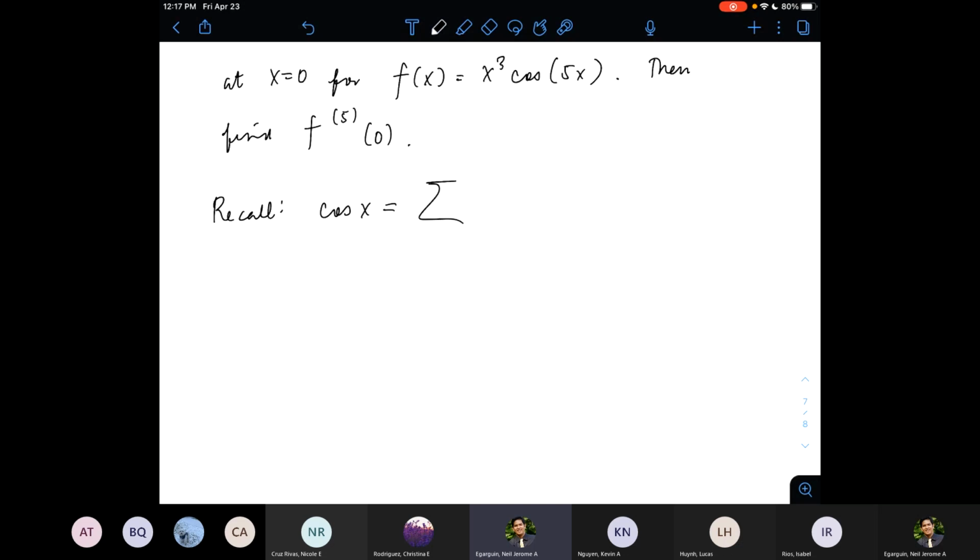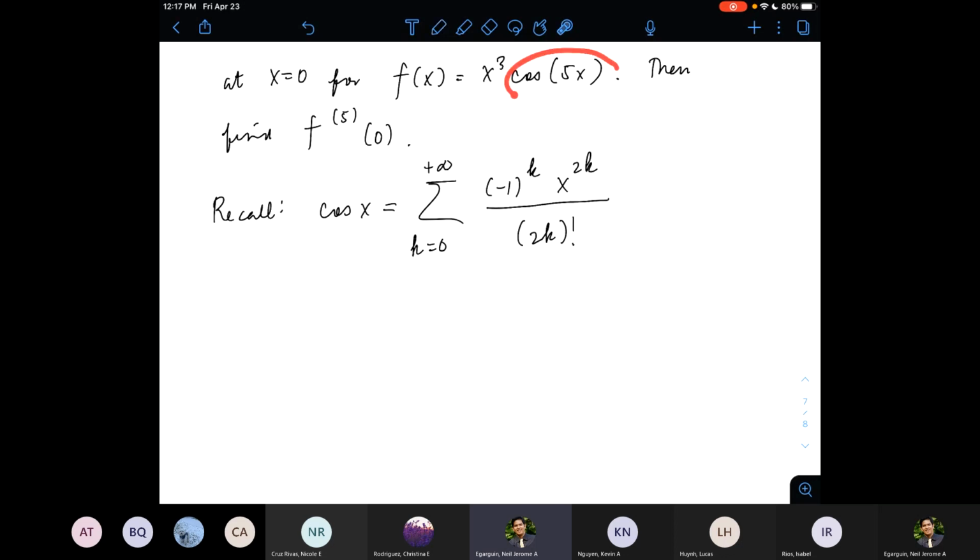It's the sum, k going from 0 to positive infinity, of negative 1 to the power k of x to the power 2k over 2k factorial. Okay, so that's the expansion for cosine x.